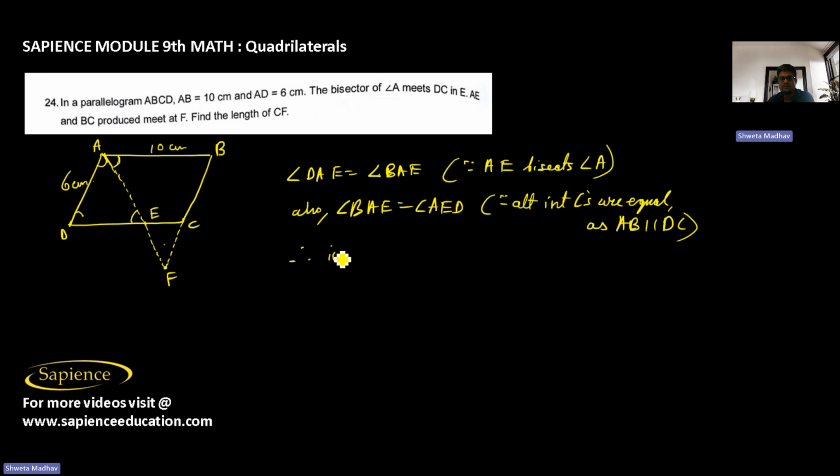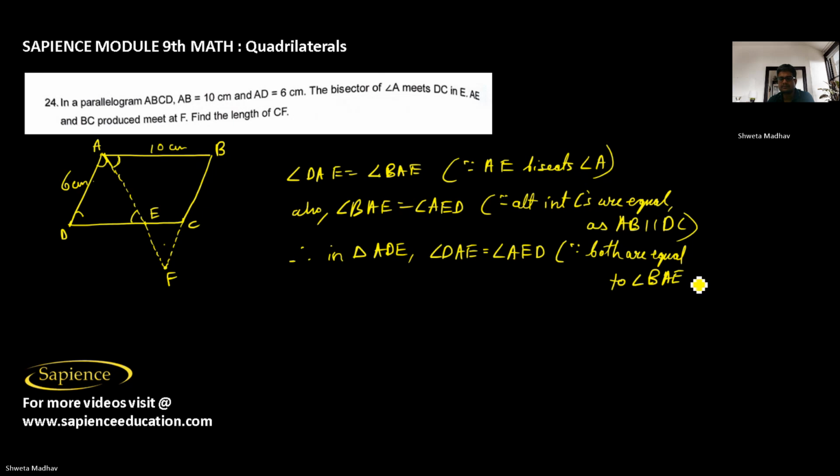So therefore I can say in triangle ADE, angle DAE is equal to angle AED, since both are equal to angle BAE. So these two angles are equal. It means that these two sides also will be equal.